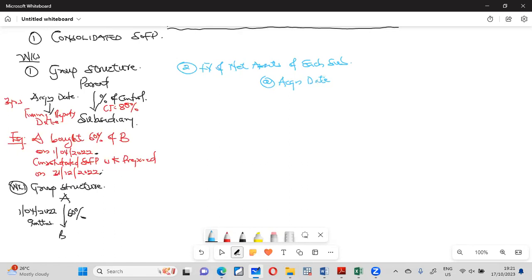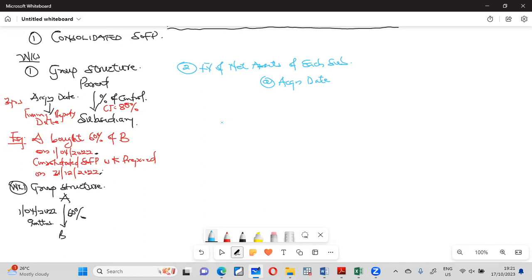So you do that. And because you'll be preparing the consolidated SoFP, this one is good. Some people decide to do only the acquisition date, then they use it to determine their goodwill also. That is how some of the manuals presented.